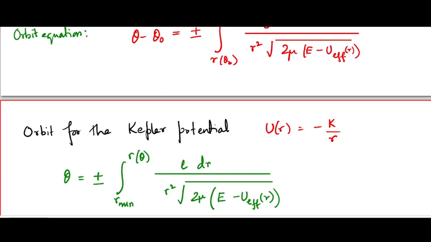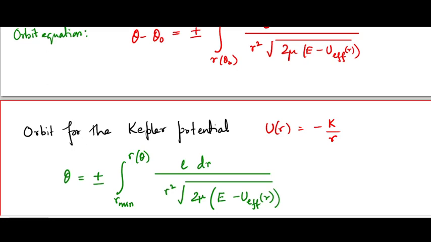We have chosen theta equal to 0 to correspond to a minimum of the distance. That is, the line joining the origin to the pericentron is the line from which you are going to measure the angle theta. So theta 0 corresponds to r min, and theta 0 has been taken to be 0.